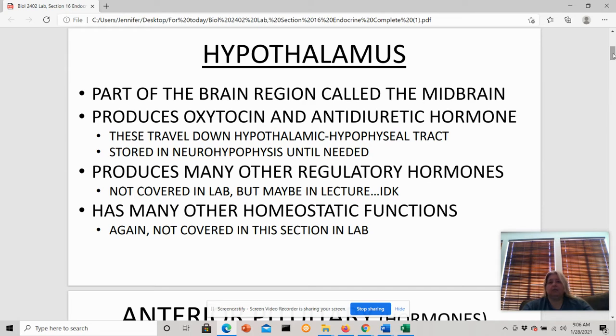And what these hormones are going to do is they're going to travel down that hypothalamic hypophyseal tract that I just showed you a moment ago, and then they're stored in the posterior pituitary until they're needed. The hypothalamus does produce a number of other hormones, but we're not going to talk about them in lab. You may end up going over it in lecture. And there are a number of other homeostatic functions, and that's something that we really talk more about in AMP1.